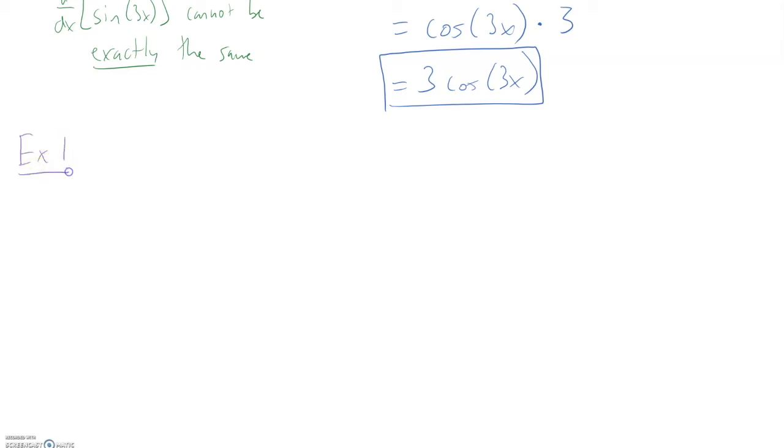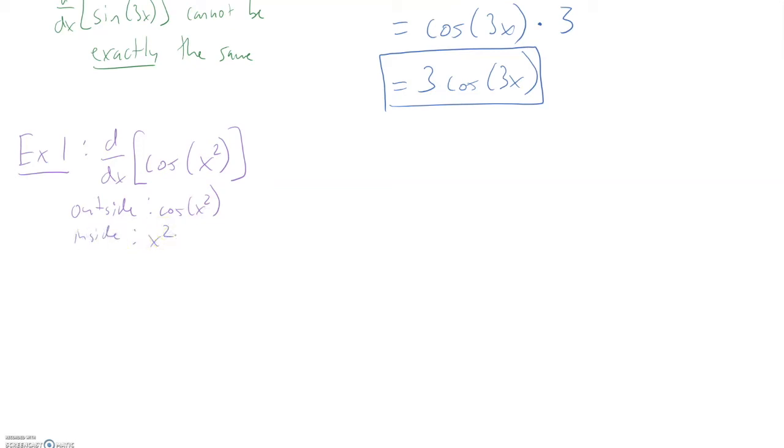So for our first example to follow that up, let's look at the derivative with respect to x of cosine of x squared. Our outside function here, much like with the starting example, is the trig function cosine, and the inside function, the input to that, is x squared itself.